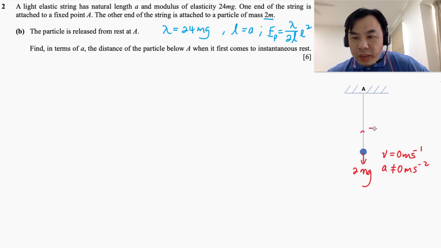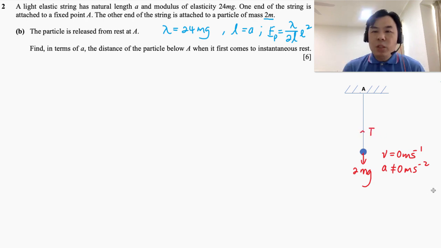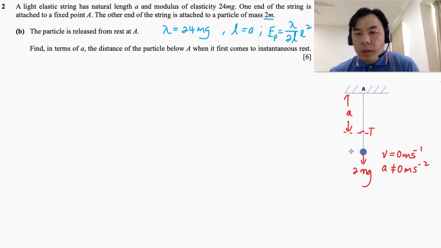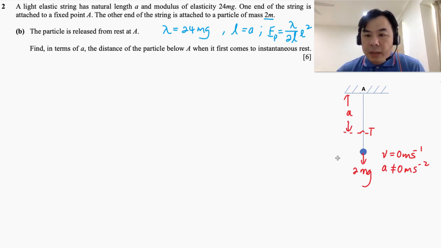We do still have the tension itself. I just put the tension here, but this tension may not be the same as the tension when the system was in equilibrium. And then I would say this is the natural length, and then it would be extending.